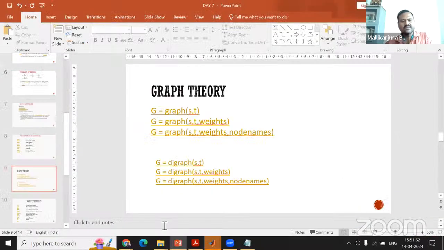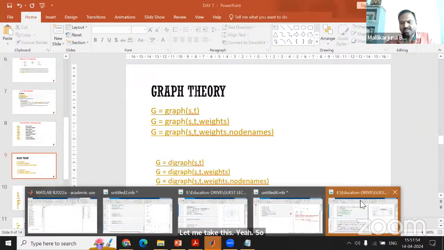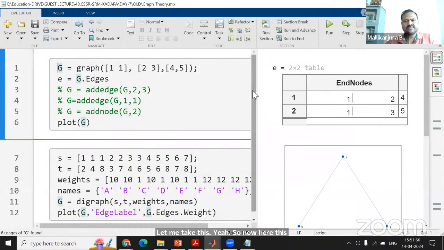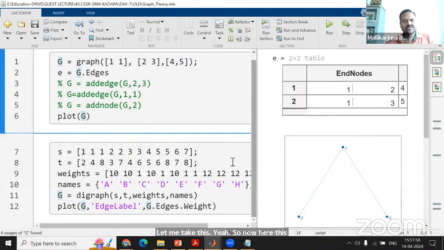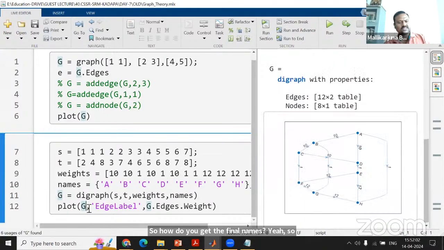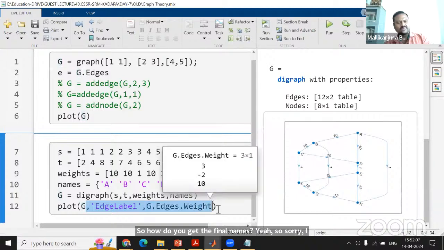Let me take this. So now here, this is the file. How do you get the node names? Sorry, I forgot this syntax. You have to add this, then it will work.